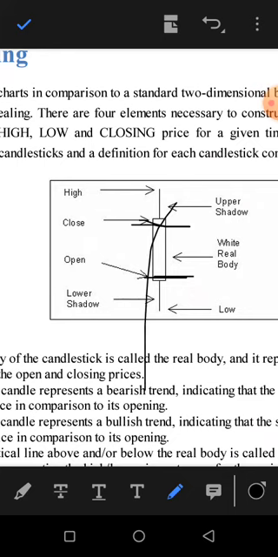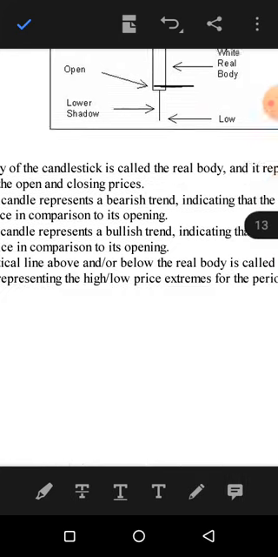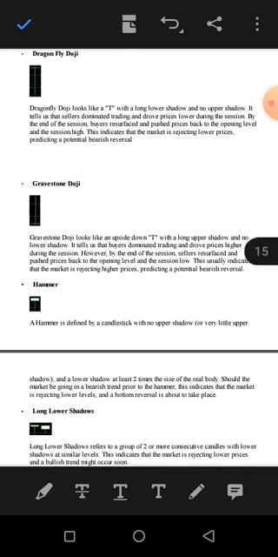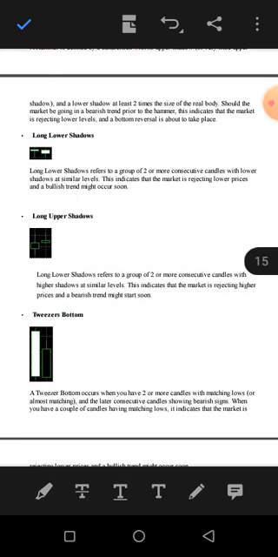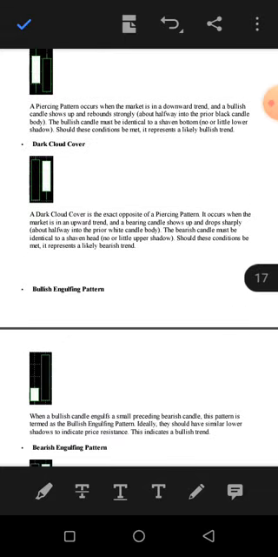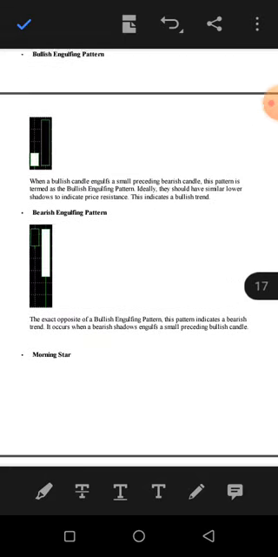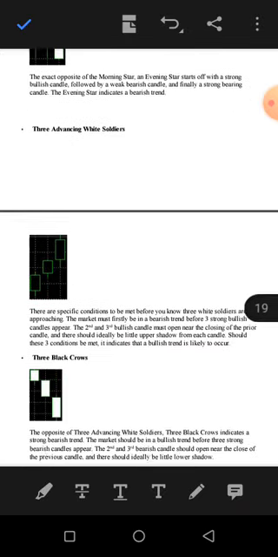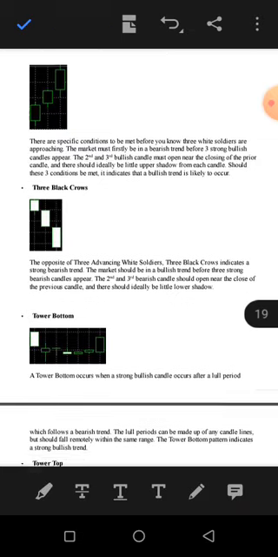So we have a lot. I have a lot of them. Look at that. There is the hammer, long upper shadow, tweezer bottoms, piercing pattern, dark cloud cover, bullish engulfing, bearish engulfing, morning star. We have the evening star, the shooting star, three black crows.